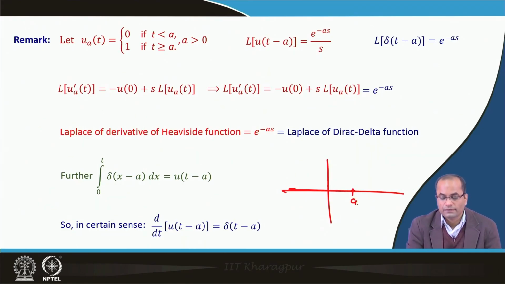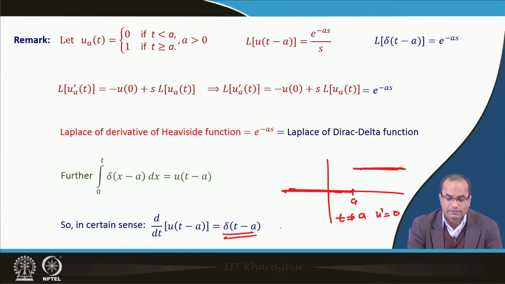this Heaviside function has a constant value here, 0, and here, 1. So, its derivative is going to be 0 there and also 0 there. That means, whenever t is not equal to a, the derivative of this u is going to be 0 as per this implication, the Dirac delta function, and when t is equal to a, it is going to infinity, because this Dirac delta function takes a very large value at t equal to a.